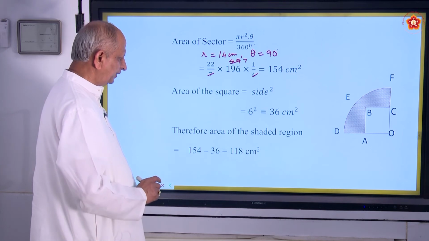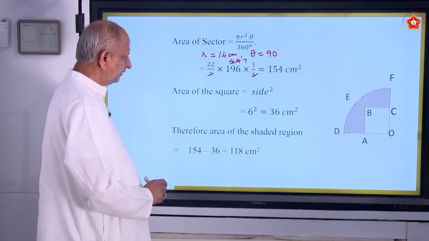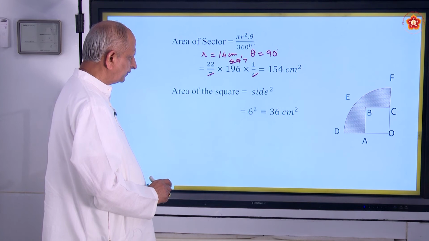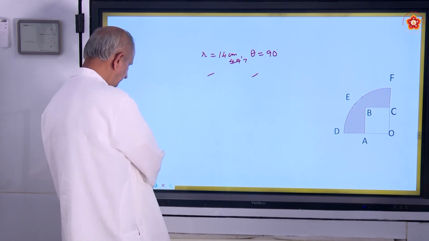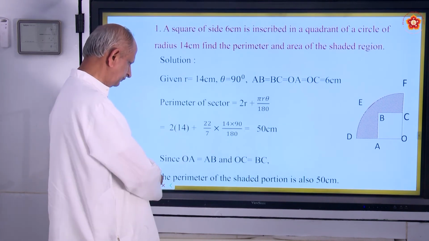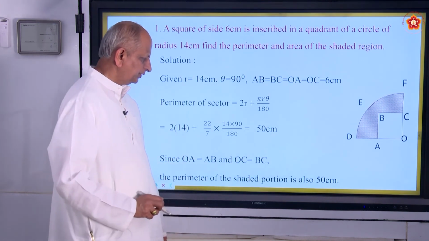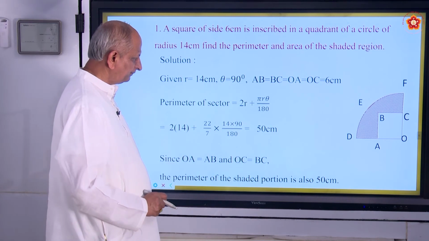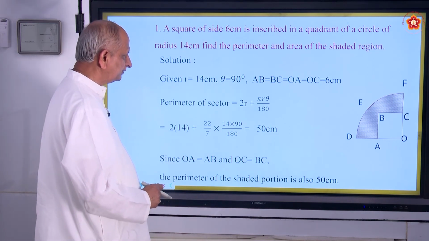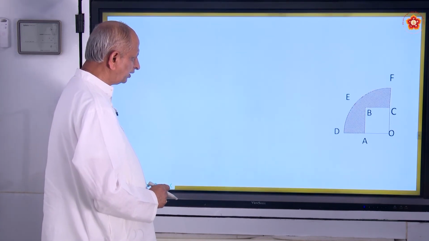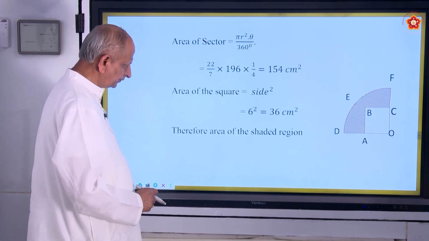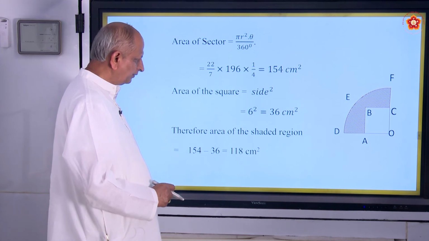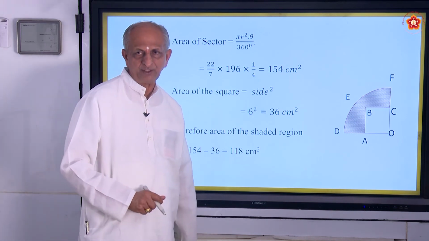And in the previous one we have studied about perimeter. So the perimeter of the shaded region is 50, and the area is what we have just now worked out. So note down, it will be 118 centimeters. It is a 4 marks question.